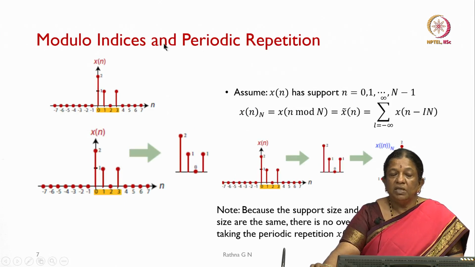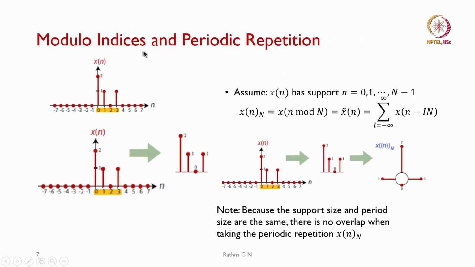So, coming to how we are going to have the periodic repetition, once again you have x of n here. We are only taking the samples here which are of length 4.